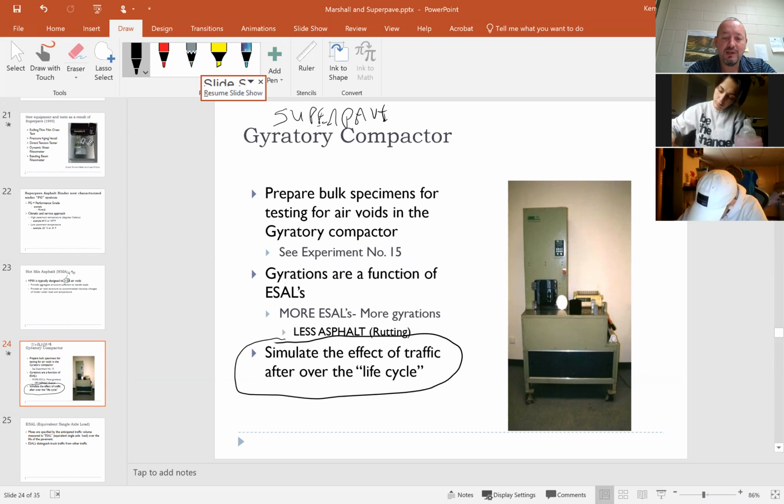So, simulate the effect of traffic over the life cycle of the pavement. So that's the purpose of the Superpave. So mark that in your notes.